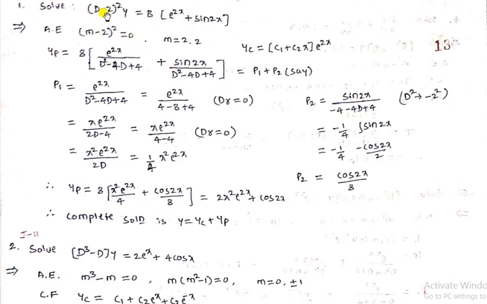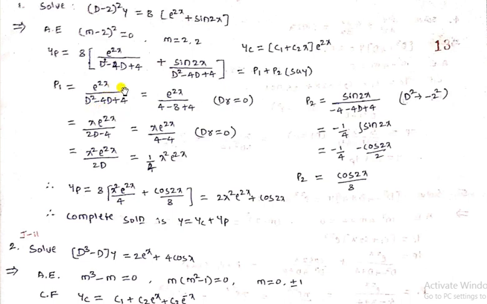D minus 2 whole square becomes D square minus 4D plus 4. Call this one P1 plus P2. We will simplify these results separately. So first, P1 is e to the power 2x by D square minus 4D plus 4.